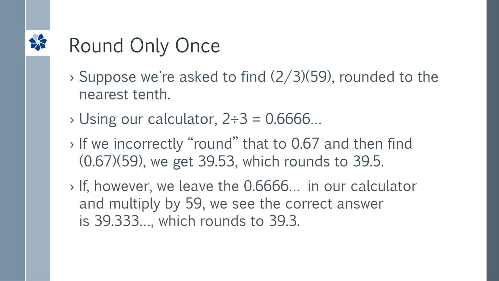If you had left all those sixes in your calculator, and instead of retyping 0.67, you left all those sixes in there and just hit times 59, you see the correct answer is 39.333333, which rounds to 39.3. So you can see 39.3 is very different from 39.5. We round once and round at the very end.